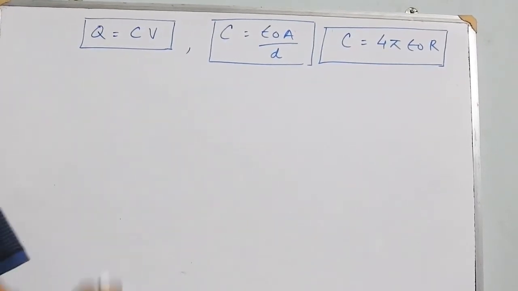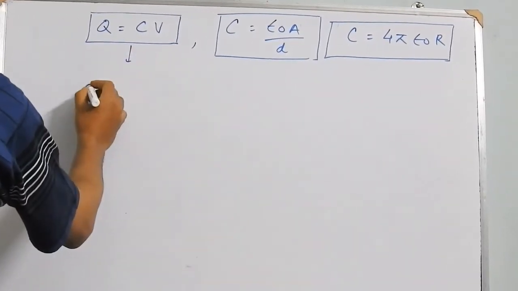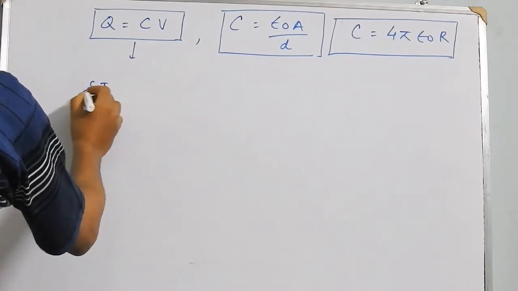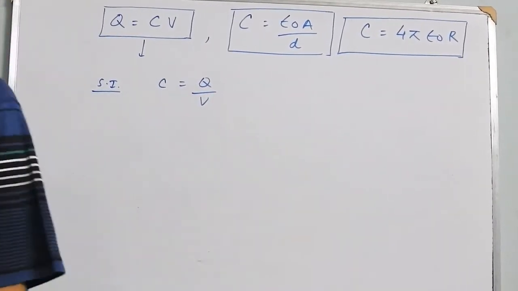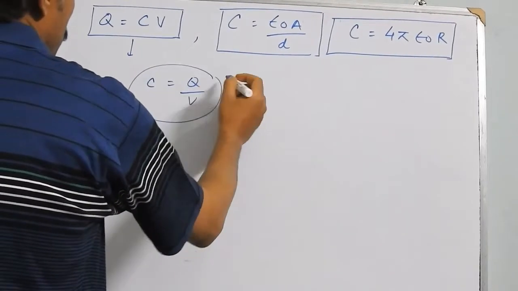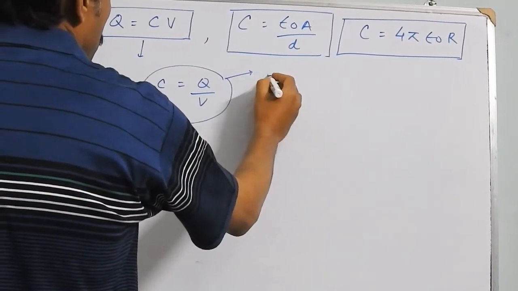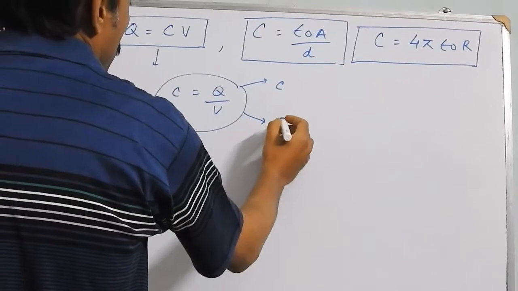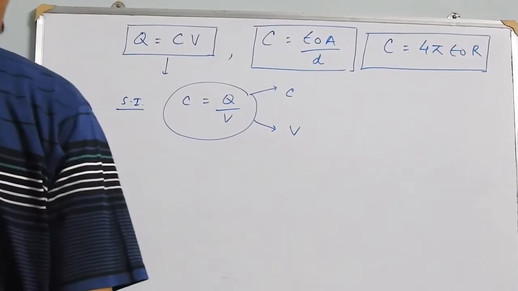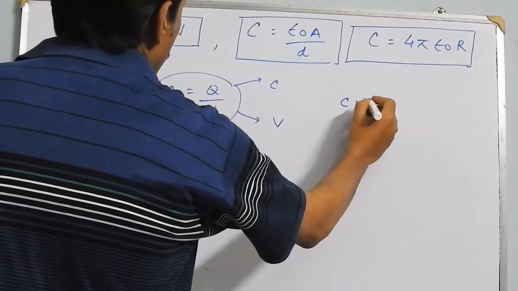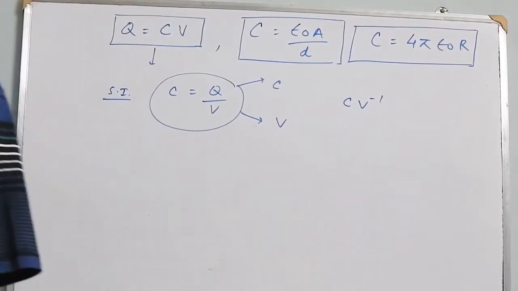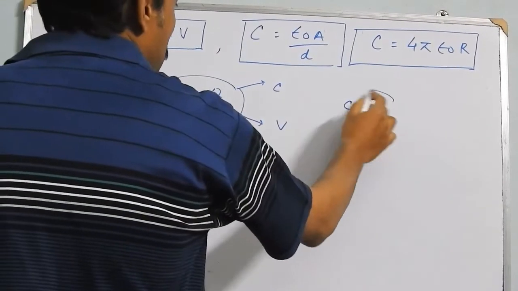But before that, let us look at the SI unit of capacitance. C equal to Q by V will obviously have, for Q, coulomb, and for V, volt. So the SI unit of capacitance will be coulomb per volt. This coulomb per volt has a special name.